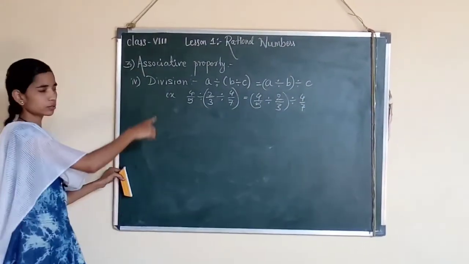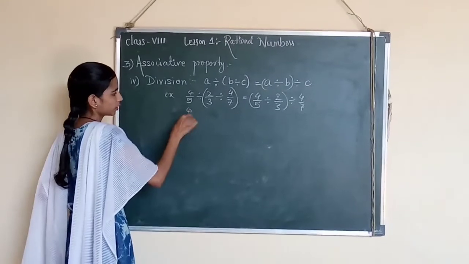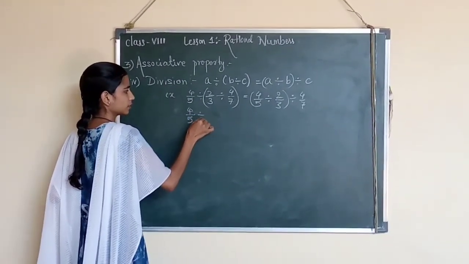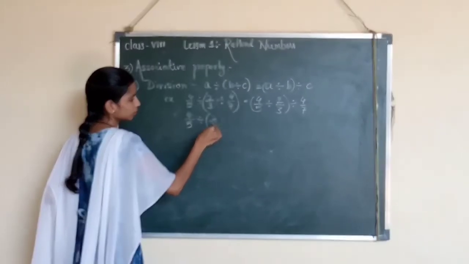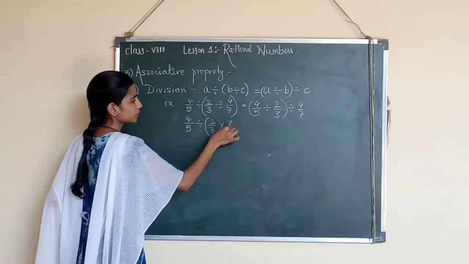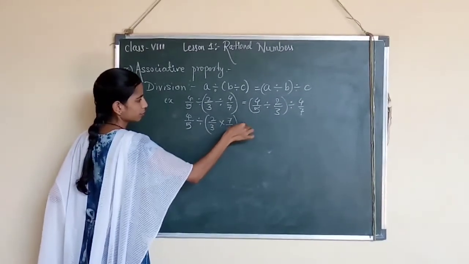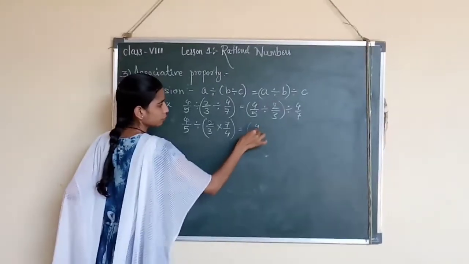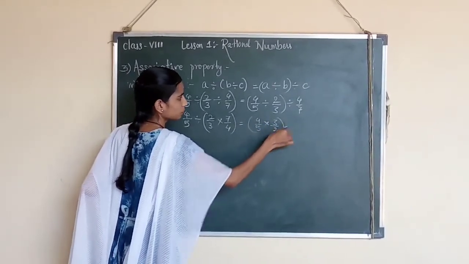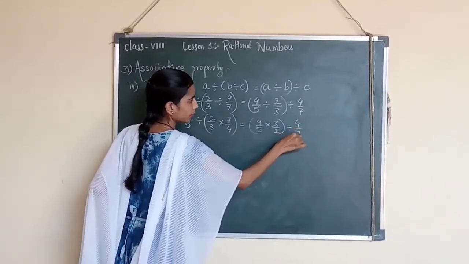Okay. Now we will solve LHS. Keeping 4/5 as it is, division as it is. Now 2/3, inverse operation of division is multiplication, 4/7 will come 7/4. Here 4/5 into 3/2 divided by 4/7.